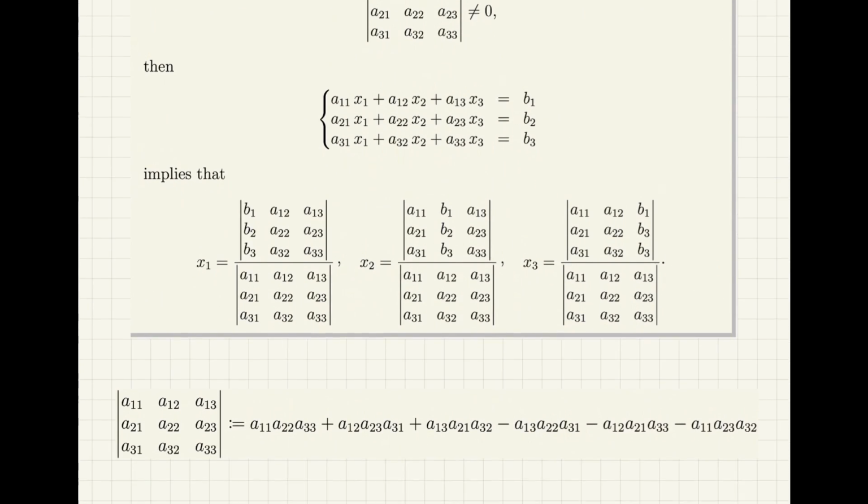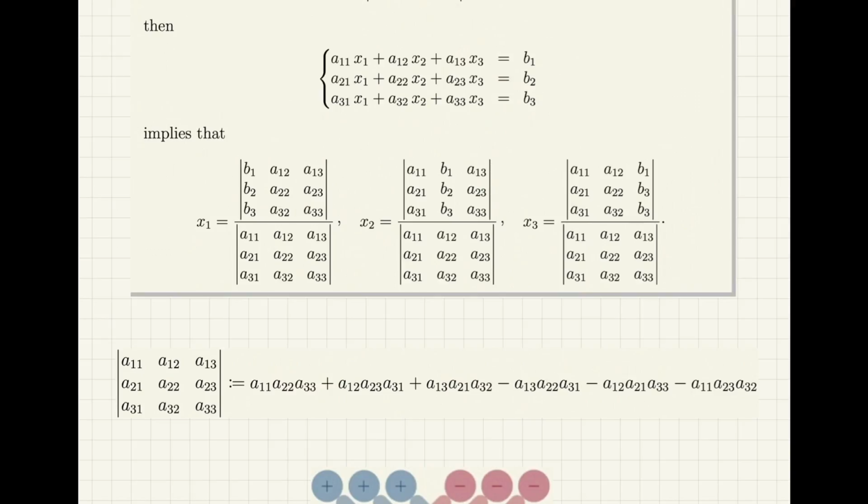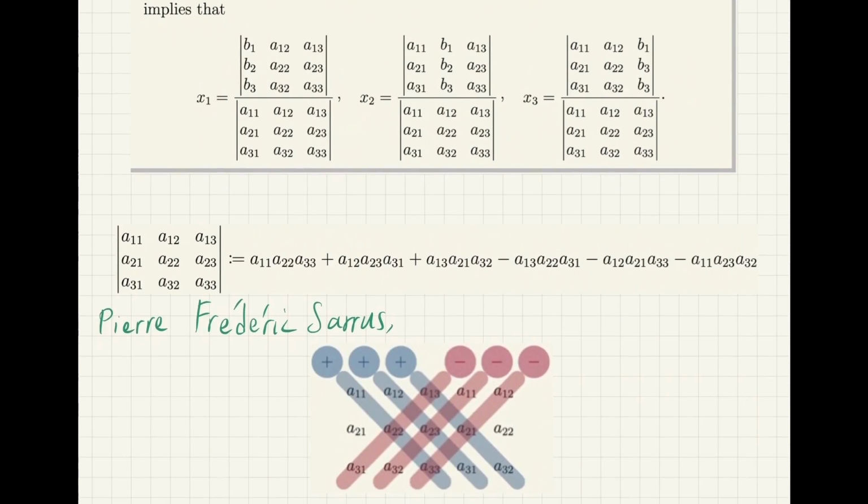Okay, so by the way, the French mathematician, so let me write the name. The French mathematician Pierre, let me make sure that I am doing it correctly, yes, Frédéric Sarrus, hopefully my pronunciation of this French name is recognizable by native speakers, discovered a mnemonic rule to remember the definition of a 3 by 3 determinant, and that is his rule.